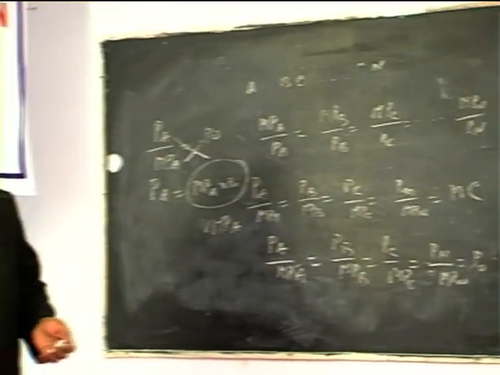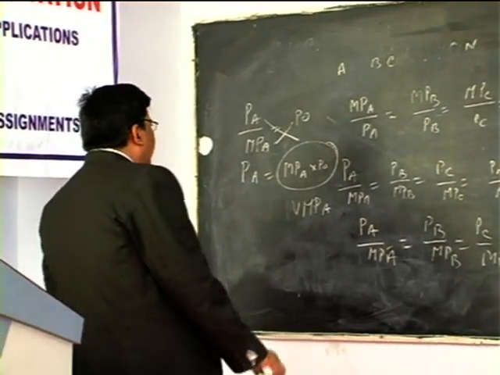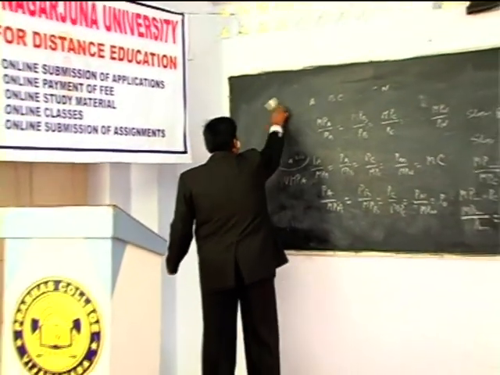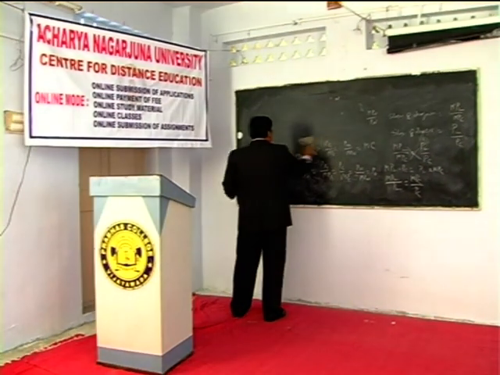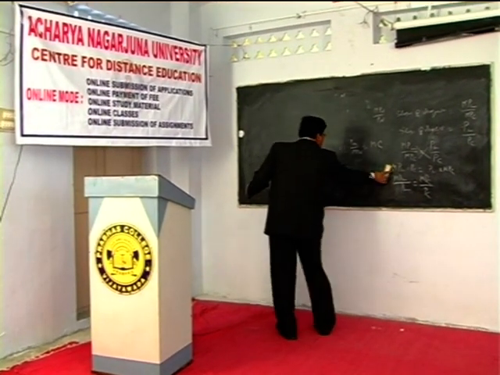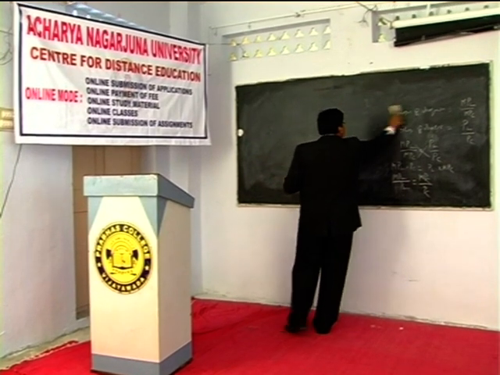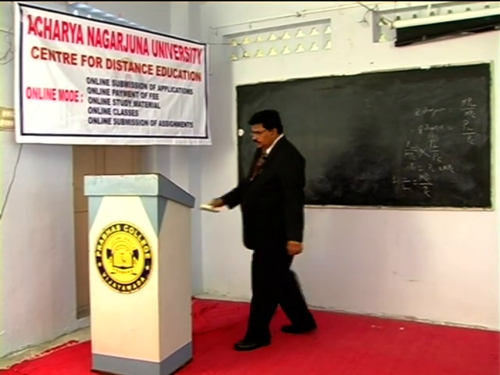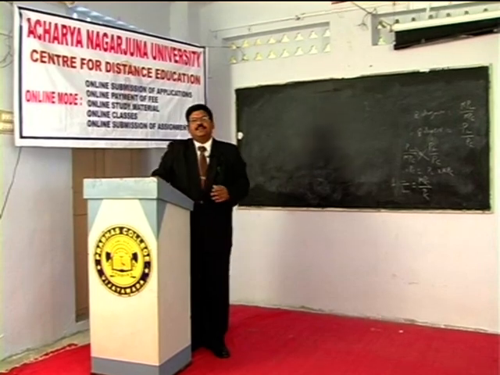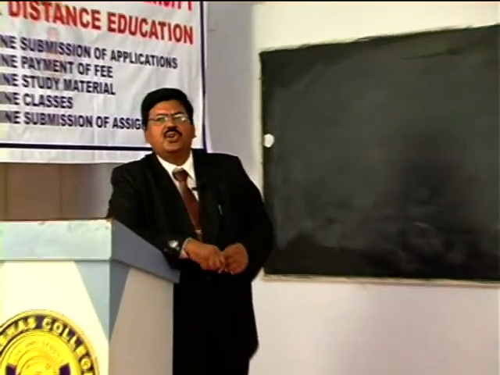The last point for discussion is returns to scale. In this case, we study what happens to output when the firm increases all inputs in a given proportion. When all inputs are increased by say 10%, if output also increases by 10%, we call it constant returns to scale.